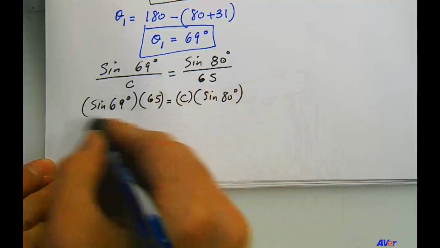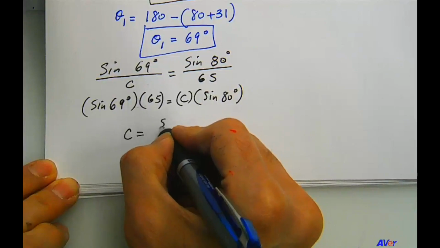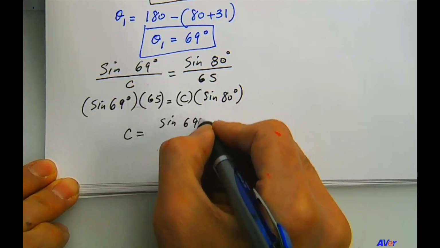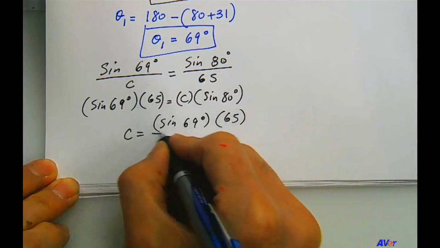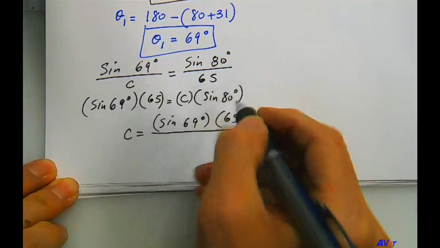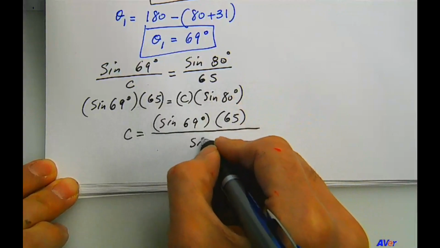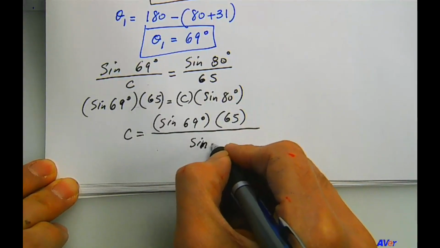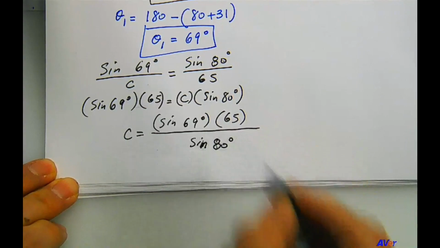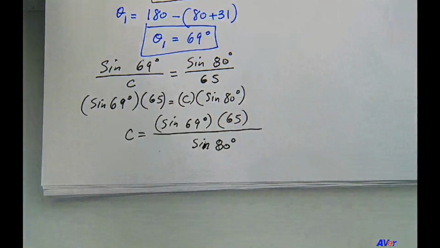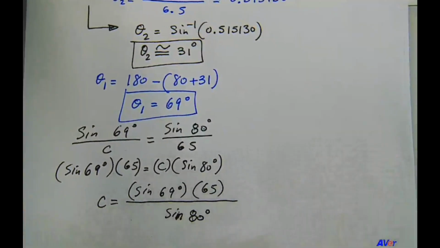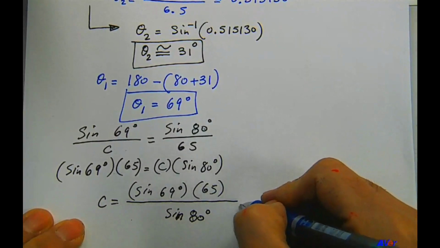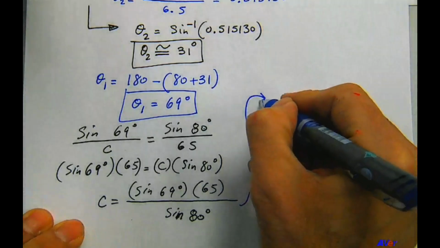So C would be the product of these two, divided by this sine of 80. Like that.